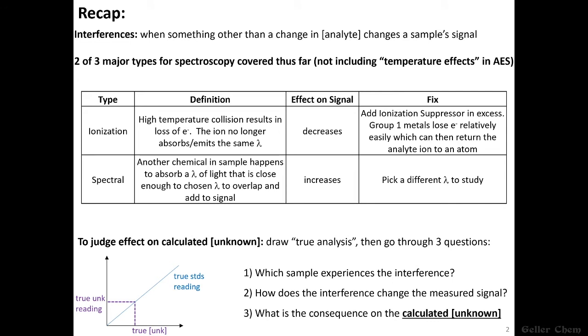And that interference is called chemical interference. This is caused by the formation of compounds of low volatility that are not easily atomized. In other words, we form chemicals that do not vaporize in our high temperature environment, and so we don't get gaseous atoms, which means they're not going to absorb or emit the proper light wavelengths.